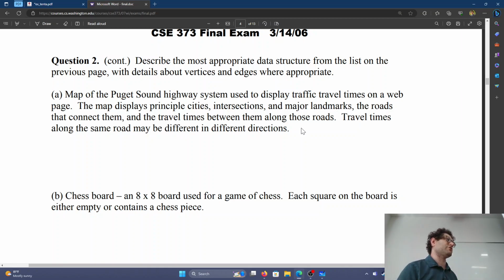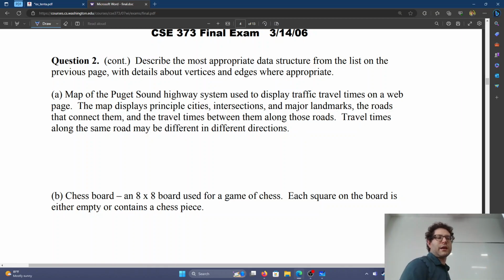So what data structure would you use to capture this? A map, something like Google Maps. Because we have principal cities, intersections, major landmarks, the roads that connect them and the travel times. Graph. Specifically, we'd be looking at a directed graph, right?